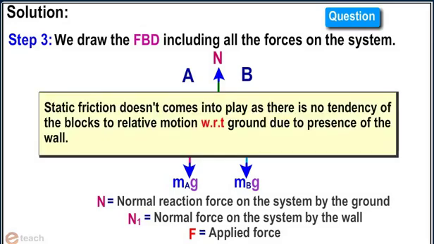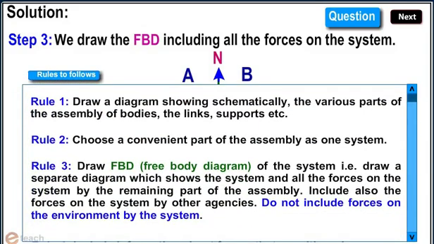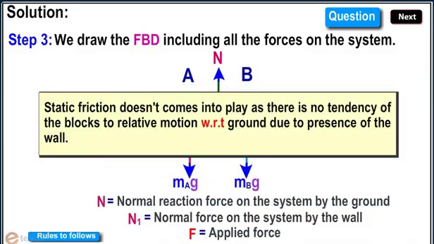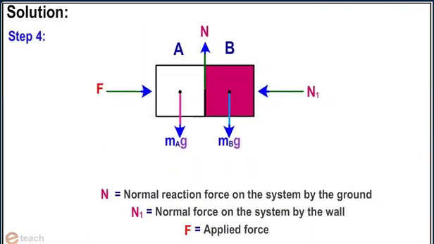Static friction does not come into play as there is no tendency of the blocks to move relative to the ground due to the presence of the wall. Step 4.